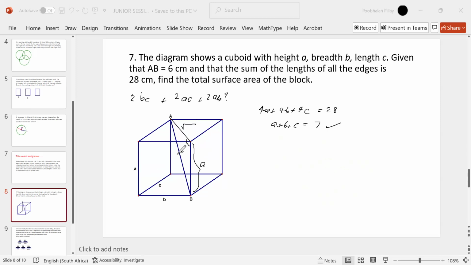Do I know this? Let me just see. This is C. So that is C. And this one is B. And here too, I've got a right angle triangle. That is a corner of a square, and this becomes the hypotenuse of this right angle triangle.